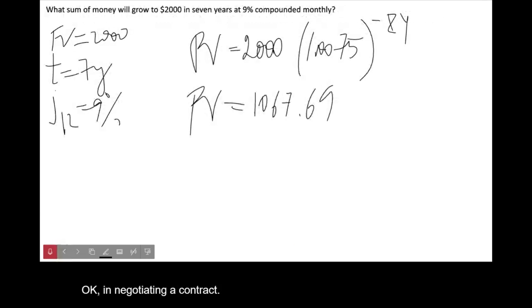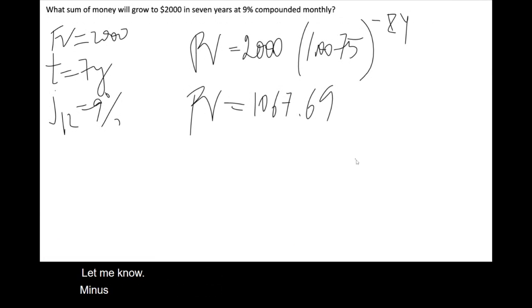Minus 84, yes. Why 8 years? 7 times 12 is 84. It is 7 years.